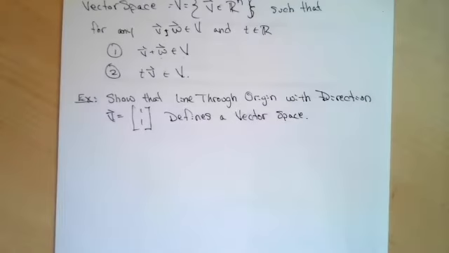And you can generalize this argument to show that any line through the origin is going to be a vector space.